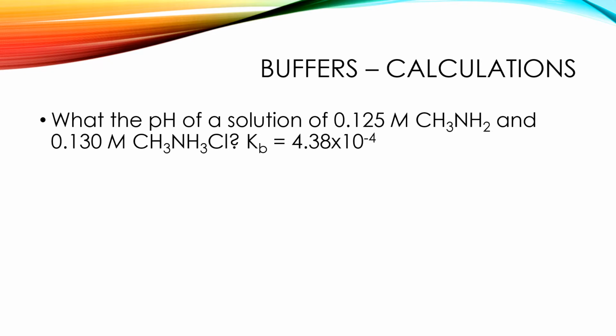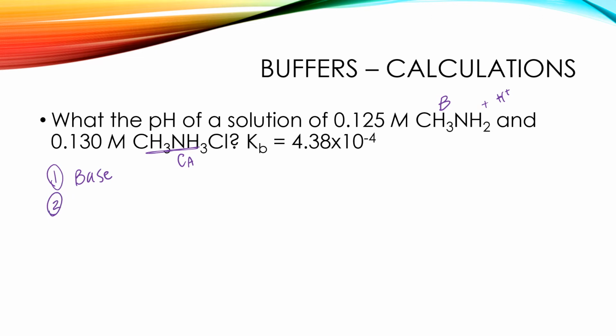Another easy example. This time, acid or base? I figure out this is a base with its conjugate acid. I can tell because I have the cation of the base when it accepts a hydrogen. So this is a basic buffer.